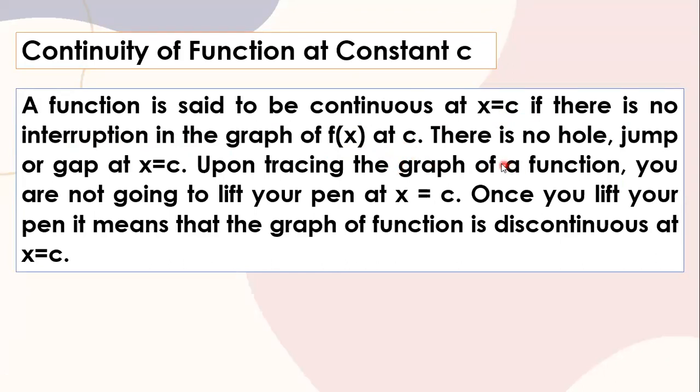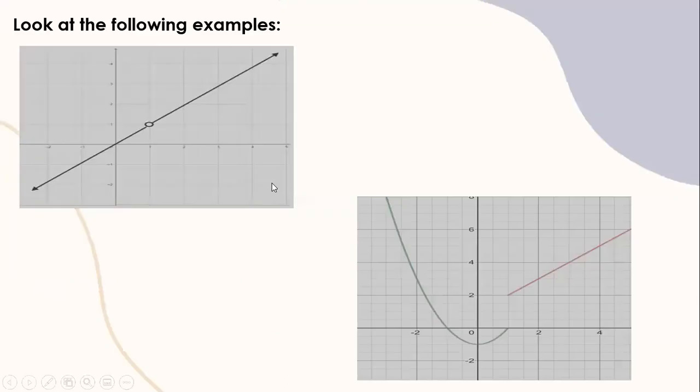There is no hole, jump, or gap at x is equal to c. So upon tracing the graph of a function, you are not going to lift your pen at x is equal to c. Once you lift your pen, it means that the graph of the function is discontinuous at x is equal to c. So let's have an example.